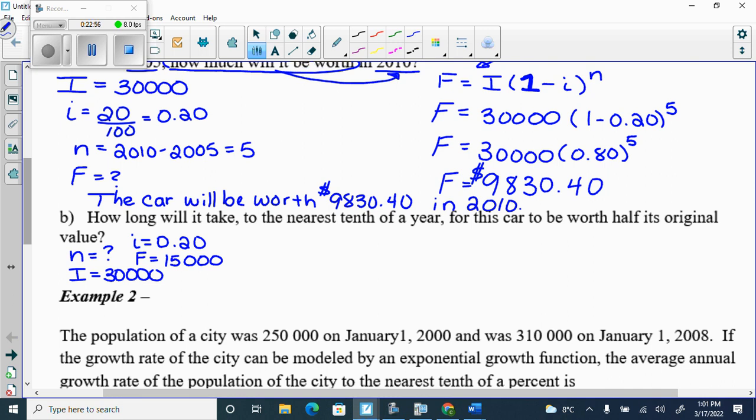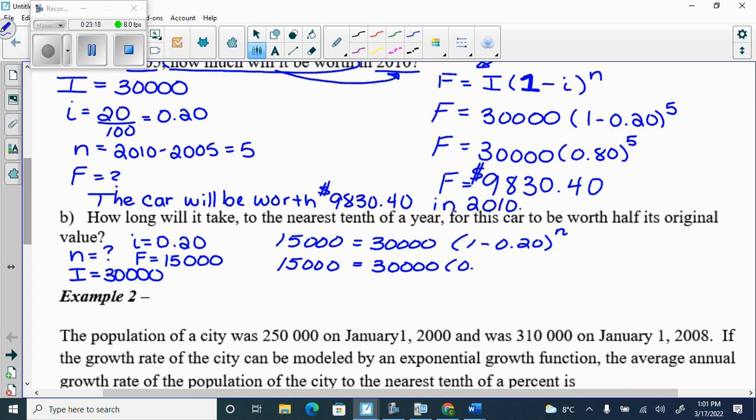We're going to get final, which is 15,000, equals initial, which is 30,000, bracket 1 minus 0.20 to the n. So we get 15,000 equals 30,000, 0.80 to the n.